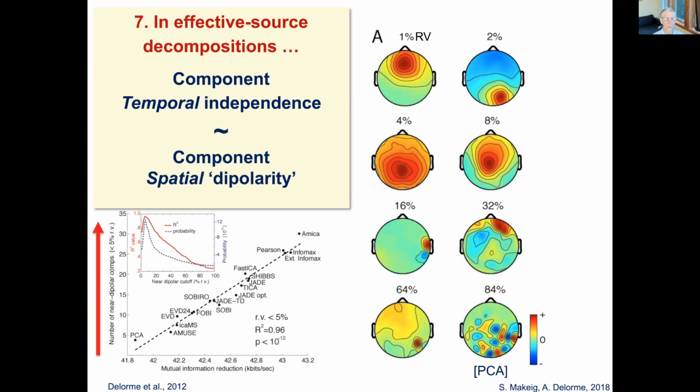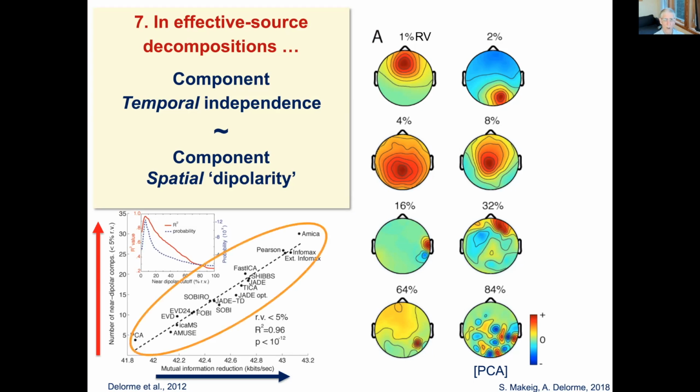If you count the number of almost perfectly dipolar component maps that you obtained by a decomposition of some dozen 70-channel EEG data sets, that number is almost perfectly linearly related to how much mutual information in the channel data is squeezed out, so to speak, of the data as the linear transformation to component space occurs.